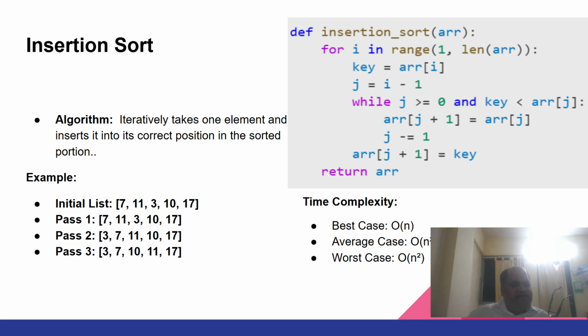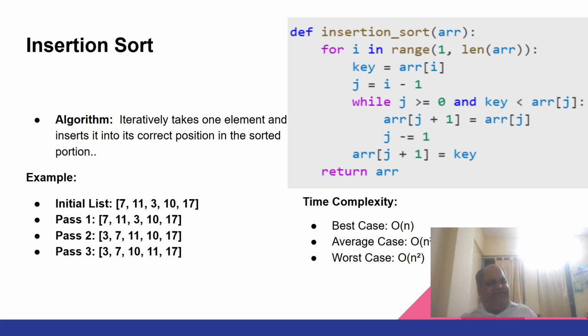They are out of order, so it will actually compare again 10 with 7, right? And since it is more than 7, this will stop here. So it becomes 3, 7, 10, and then 11, 17. Now 10 and 11 are in place, so nothing will be needed, and this can stop here, right?